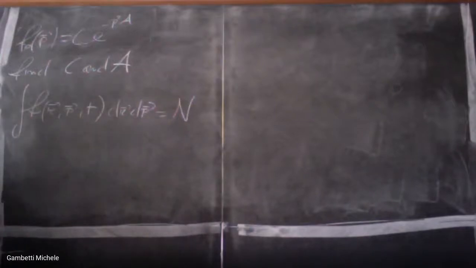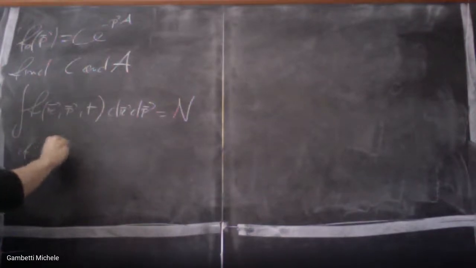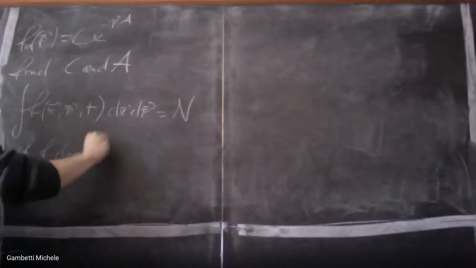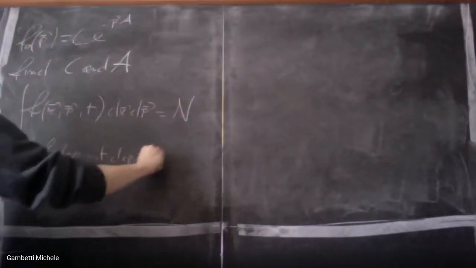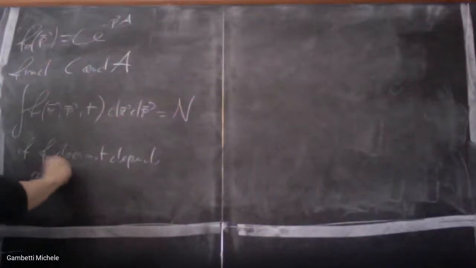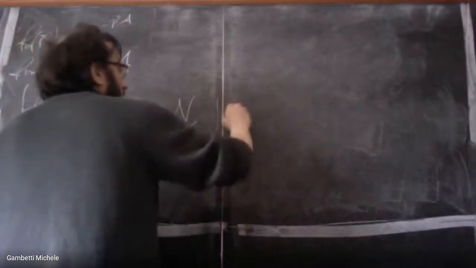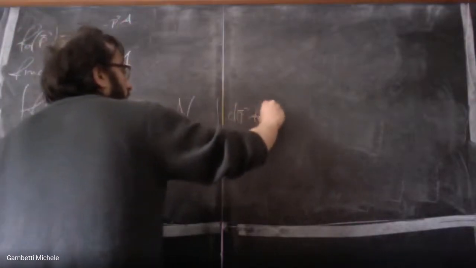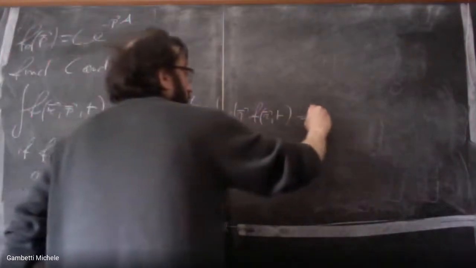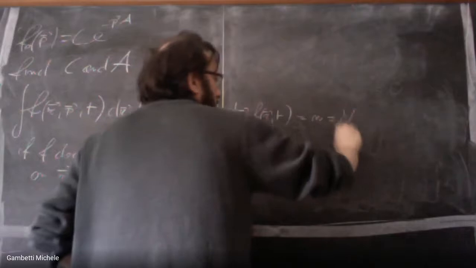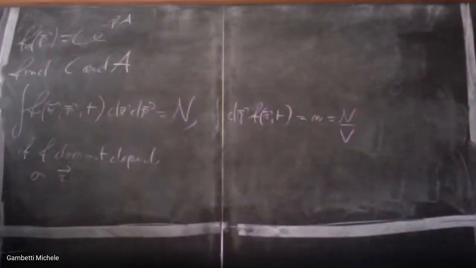Of course, this is correct also for f0. Now, if f does not depend on r, here I get a volume, and therefore the integral of dp of f(p) is equal to n, where n is the density. So it's the total number of particles divided by the volume.